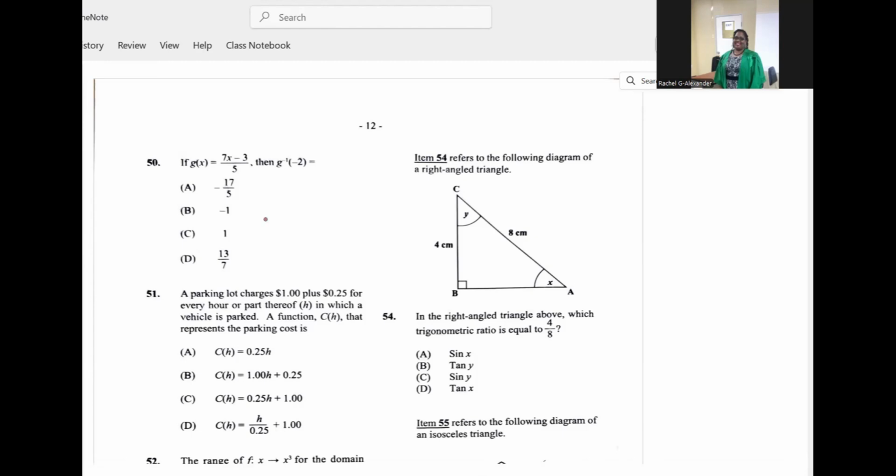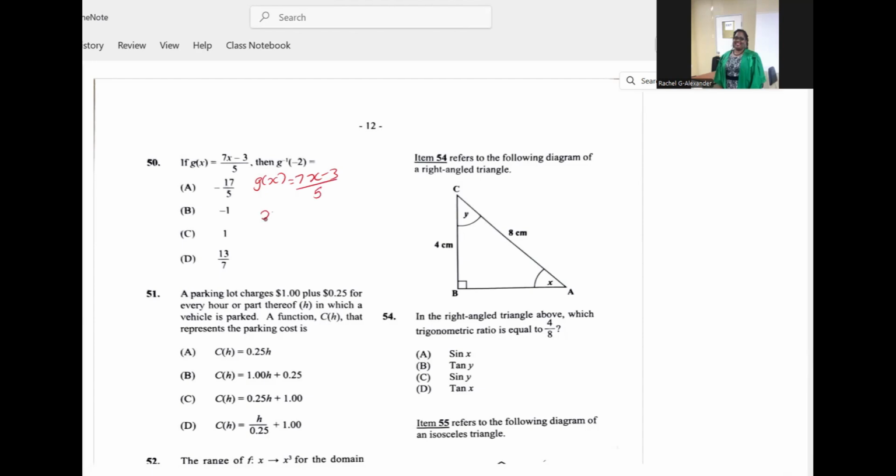So in g of x, and this is a kind of shortcut to do the inverse when the function is not too complicated. If g of x is 7x minus 3 over 5, this is what is currently happening.